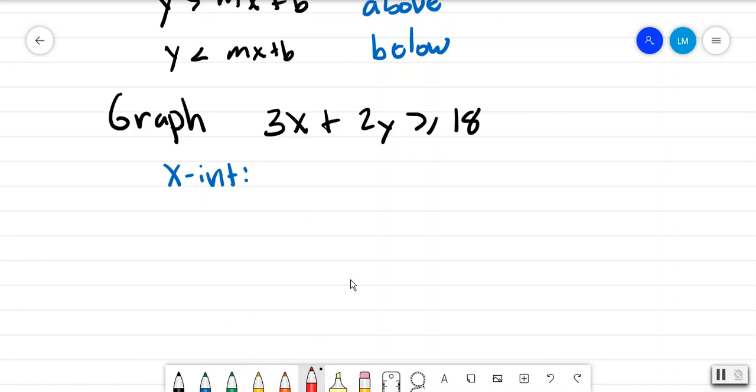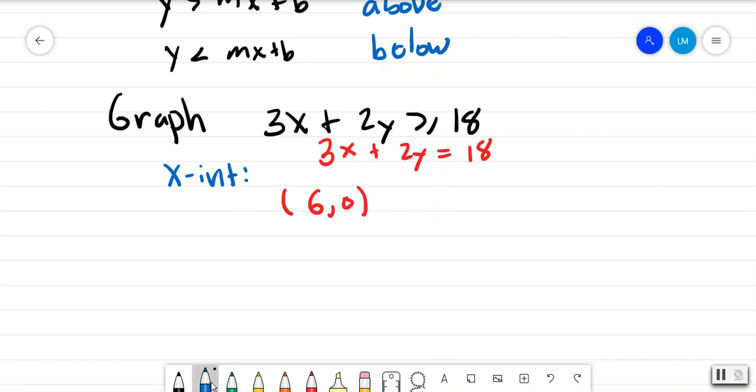Keep in mind that the boundary line is 3x plus 2y equals 18. If y is equal to 0, that means the ordered pair has to be 6, 0.